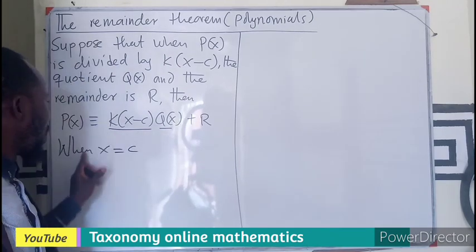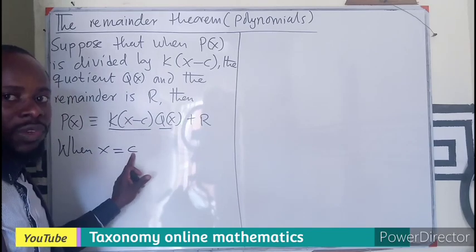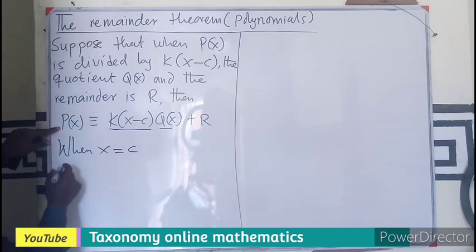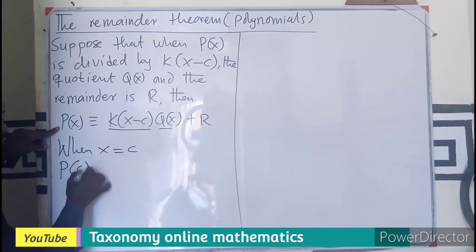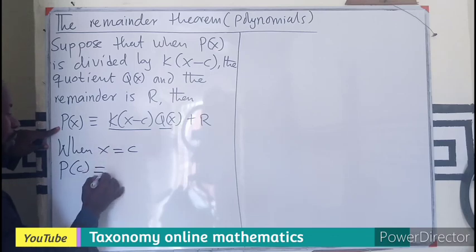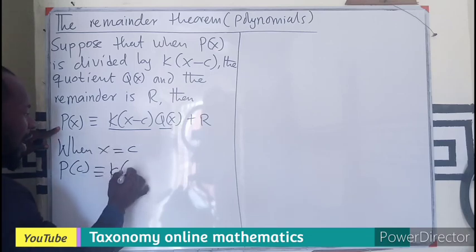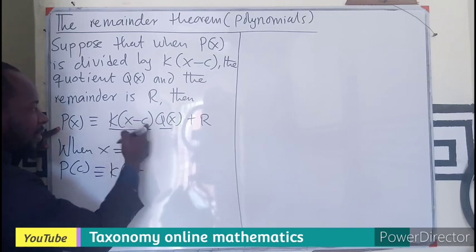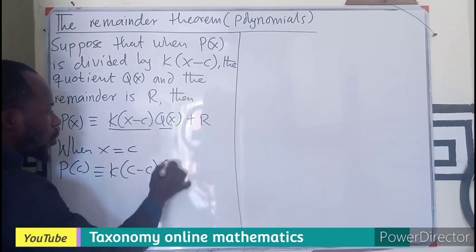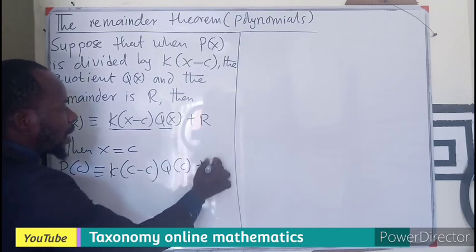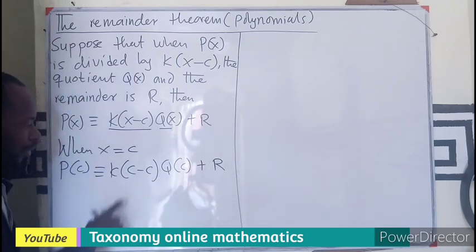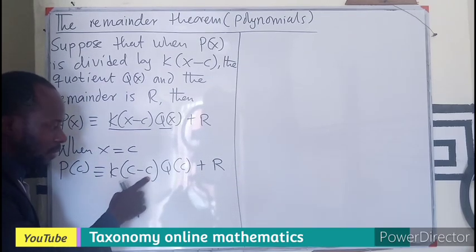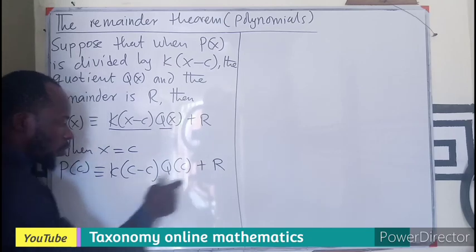Suppose we want to put x equal to c, then it's going to be p of c, which is a constant, equivalent to k of c as x minus c, times the quotient of c, plus what? R. And we know c minus c will give us what? 0. 0 times the quotient will still be 0.